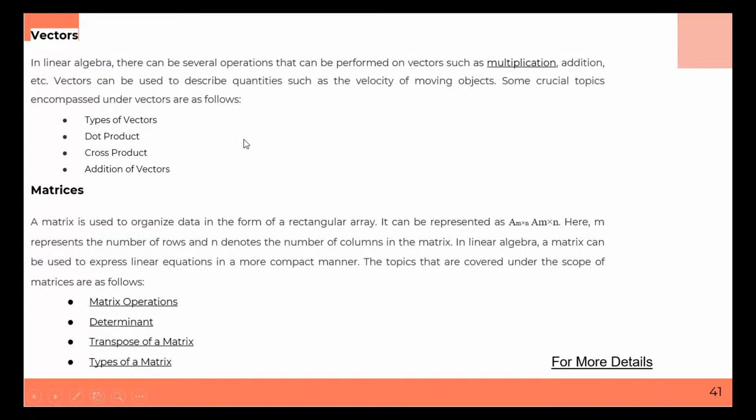We discussed vectors earlier: what vectors are, how they have displacement and distance, and the different types of operations. We also discussed matrices. We have not discussed determinants, and that's one part that I will discuss here, and then I will go ahead.